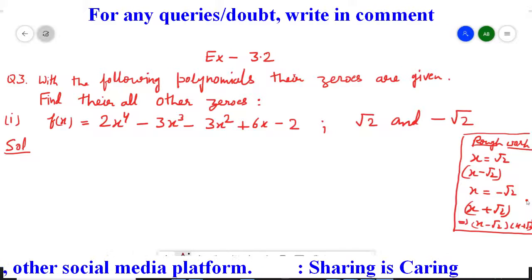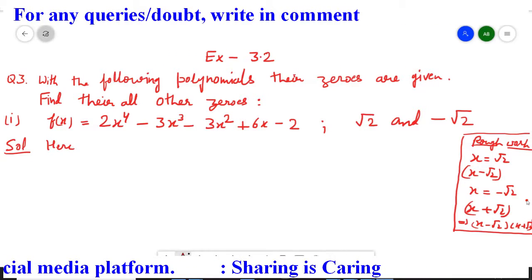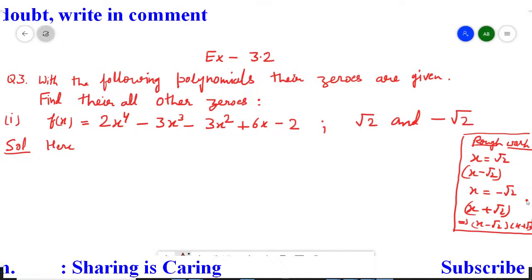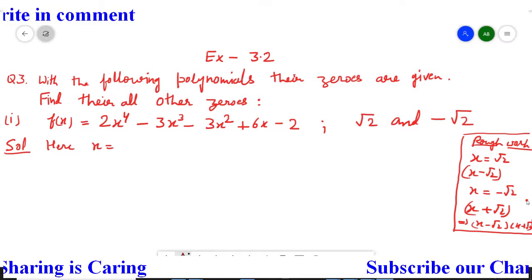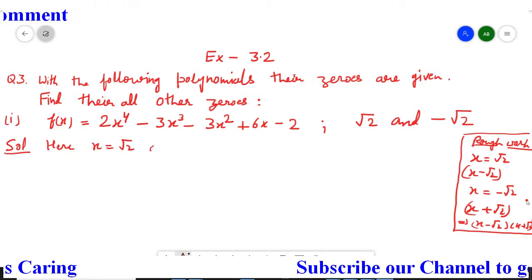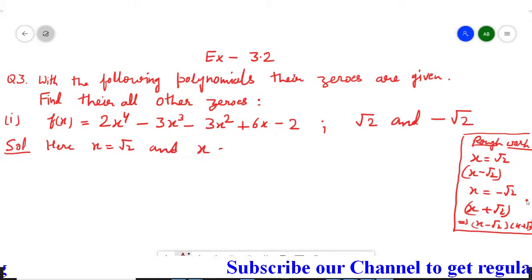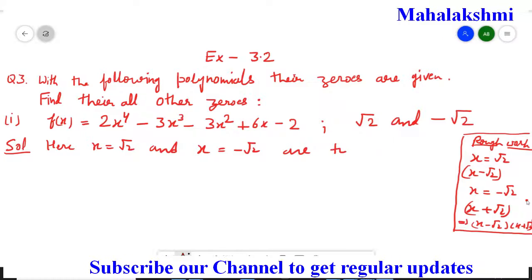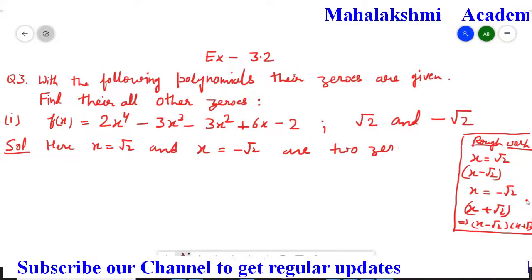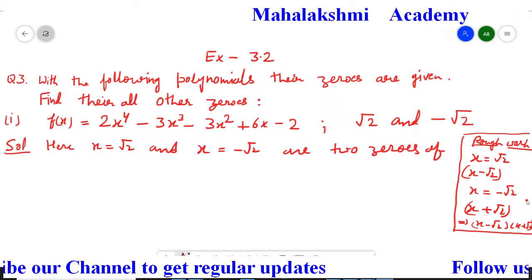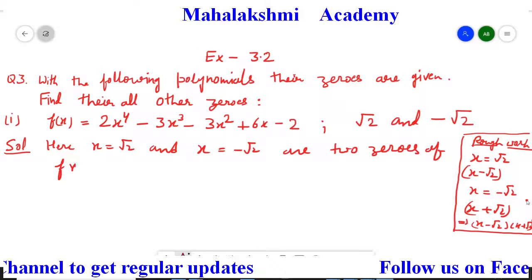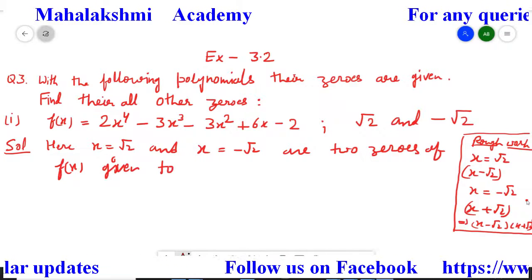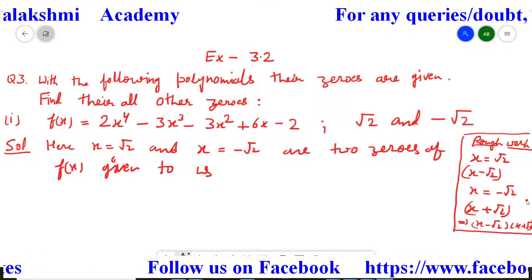So we will write here: x equal to root 2 and x equal to minus root 2 are two zeros of f(x) given to us.